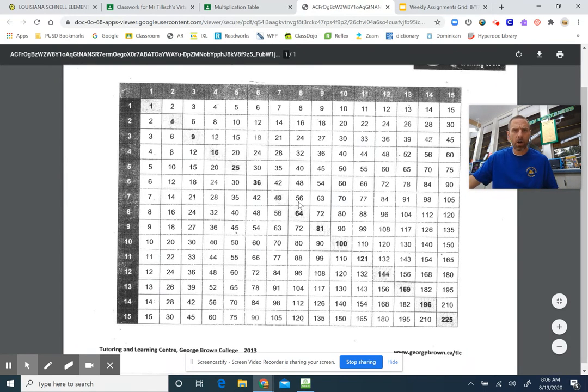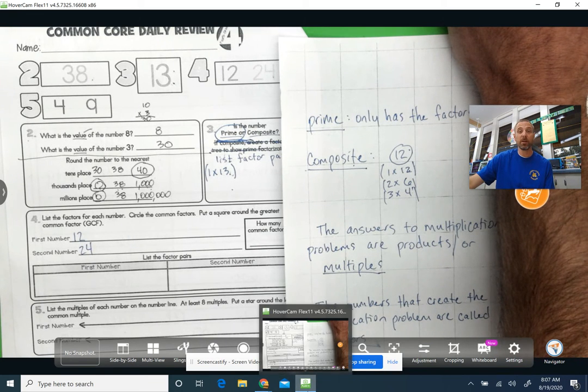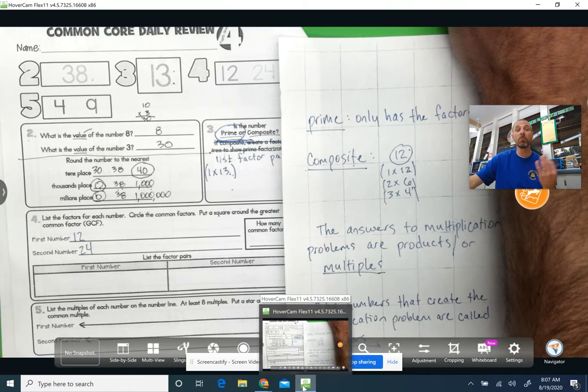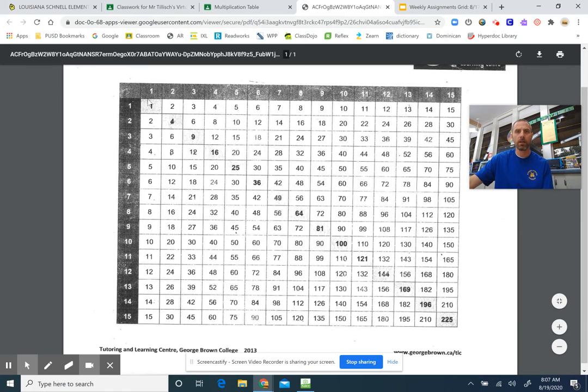Multiples and products are all in the center of this multiplication table, and we have to find the factors for the number 12. So I am going to look in the center for that product, the multiple 12, and figure out how many different ways I can make that number. As I scan the top row, I see the number 12.